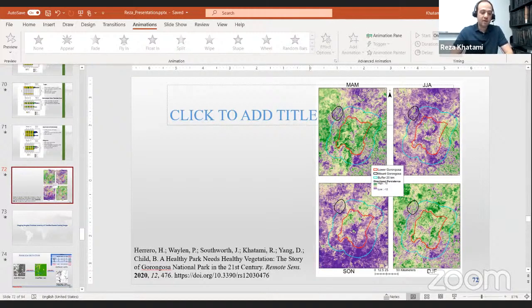So we have AVHRR data from 1982 to 2010, and we have created persistence using MODIS data at higher resolution, 250 meter resolution, from 2000 to 2019, the most recent product we have. And I would be more than happy to share it with anyone interested. You can just open them on your case study and see if you can see any signal relevant to your work.